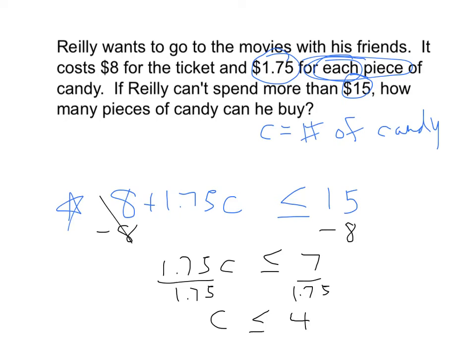Or Riley could buy up to 4 pieces of candy. You just want to make sure that you are stating that he can't buy more than 4 pieces of candy, okay? You could also be more specific if you wanted. If Riley goes to the movie and spends $8 on a ticket, he could buy up to 4 pieces of candy with $15. Okay? Any of those work.